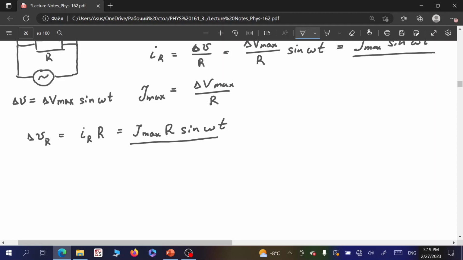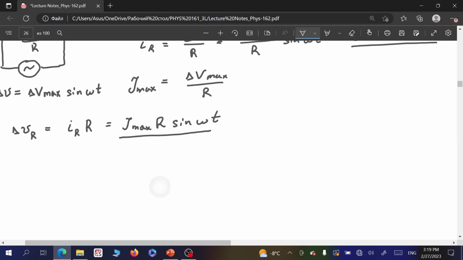And in order to show this, let us consider this example. So as I said, P average, the average power delivered to the resistor when some AC current is flowing, will be I RMS squared times R. So how do we get RMS values?